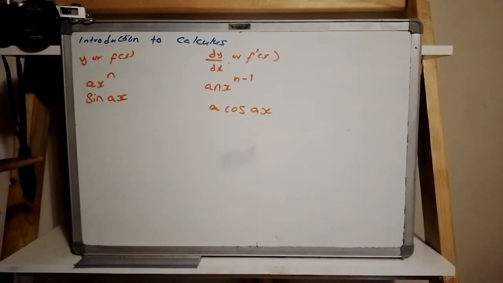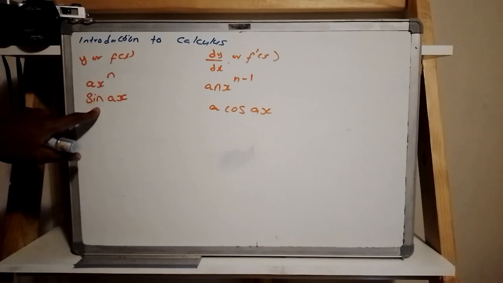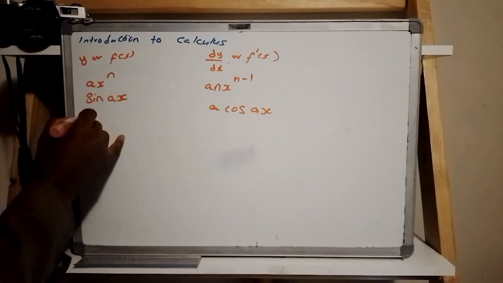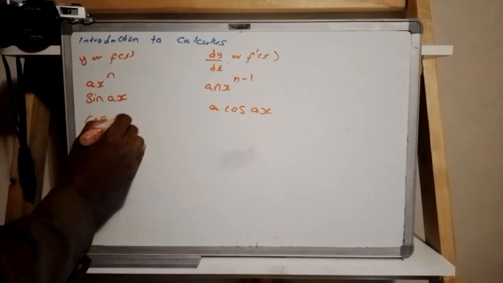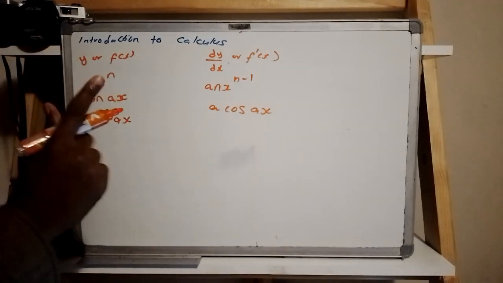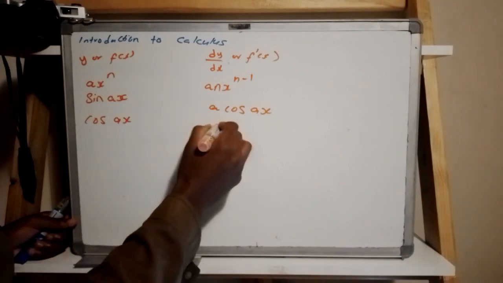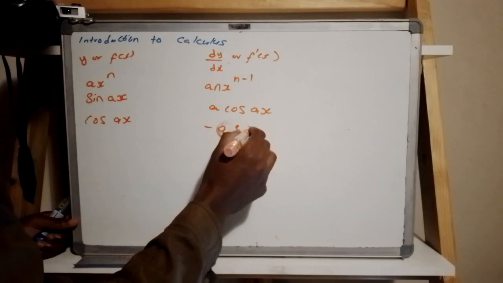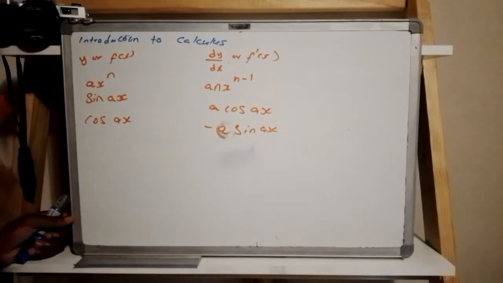That is what I'll get when I differentiate sine. Now, when I differentiate cos of ax, I'll get negative a sine of ax.